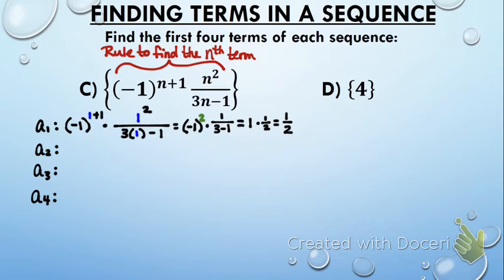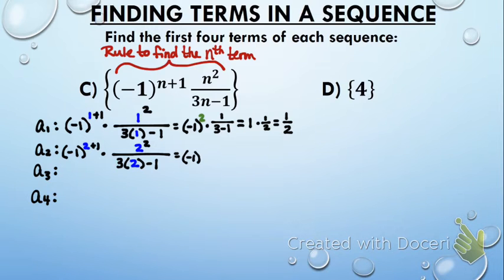Is the second term going to be positive or negative? Negative. Because I would have 2 plus 1, -1 to the third power is -1 times 2 squared over 3 times 2 minus 1.